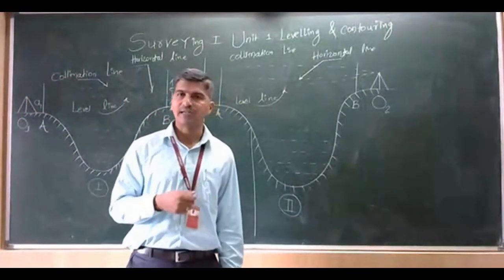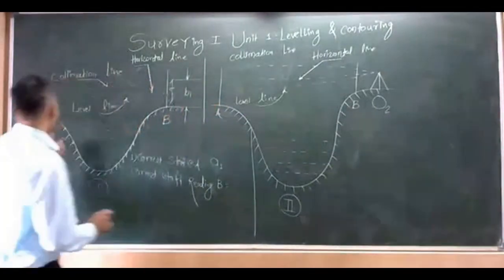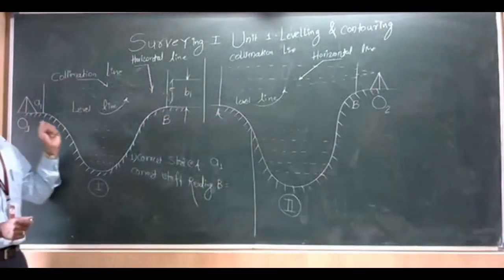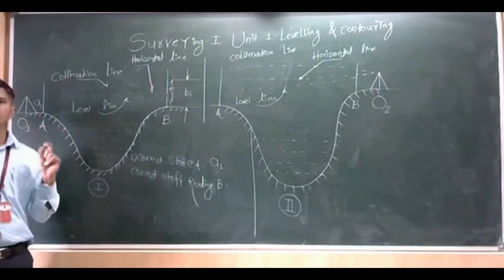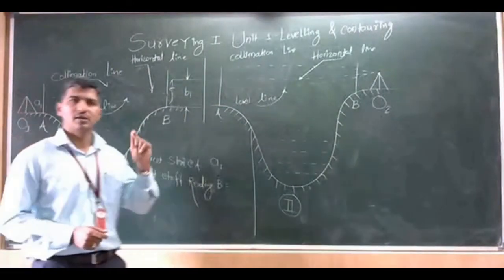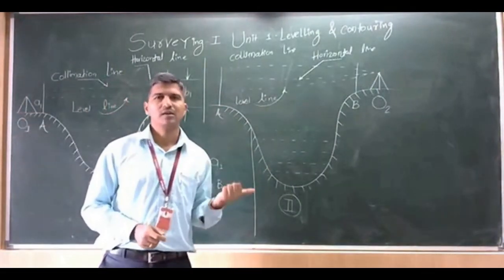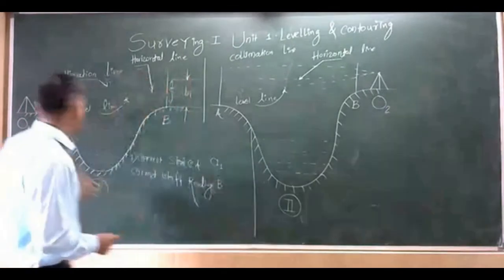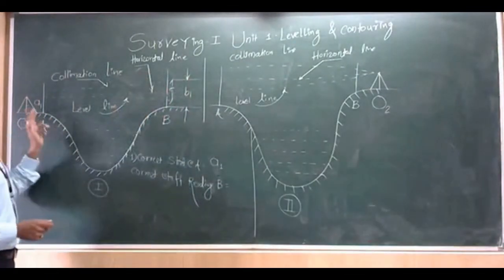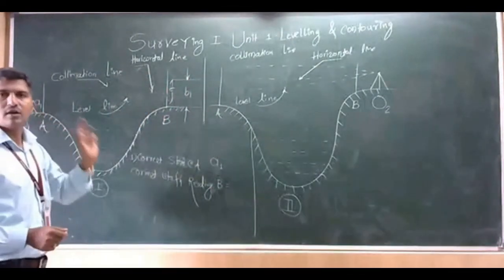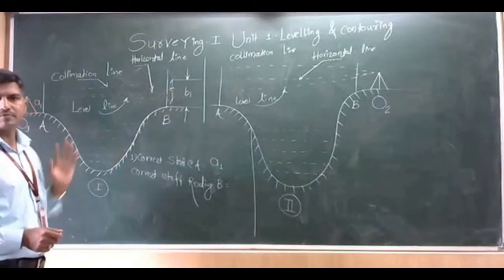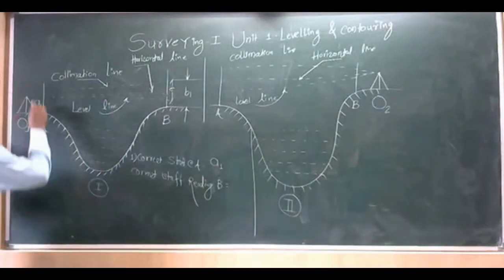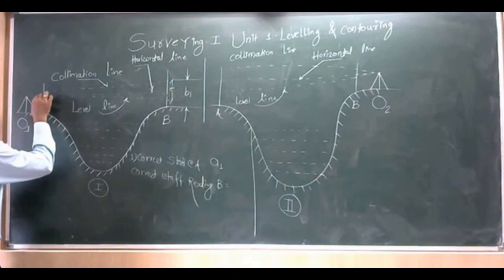So how can you say that it is A1? See, the instrument is kept very near to point A, so whatever the error is, it is negligible. So we can neglect that error and take whatever reading we have got as the correct staff reading. So A1 will become my correct staff reading.